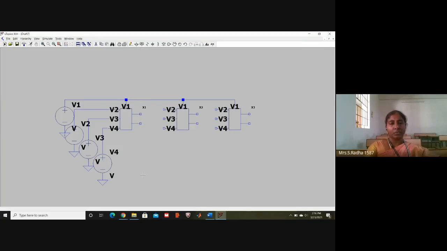Then what I should do is, I am going to use an up counter. So this is Q. I have to connect it to the next stage clock. And here also I am connecting Q to the next stage clock.